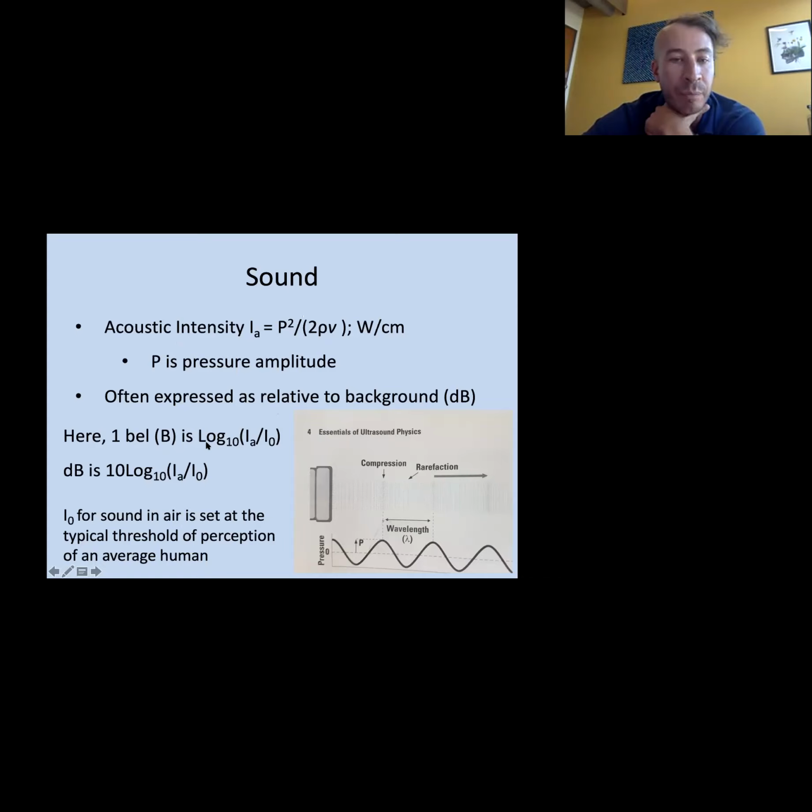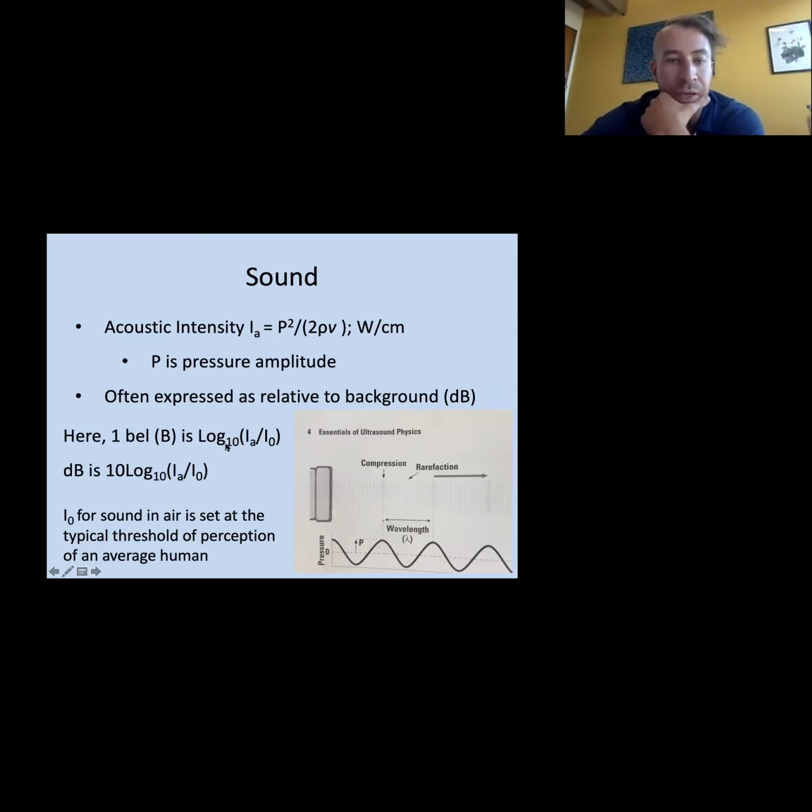So 1 bel is the base 10 logarithm of the acoustic intensity at any given point over some relatively arbitrary detection threshold, okay?